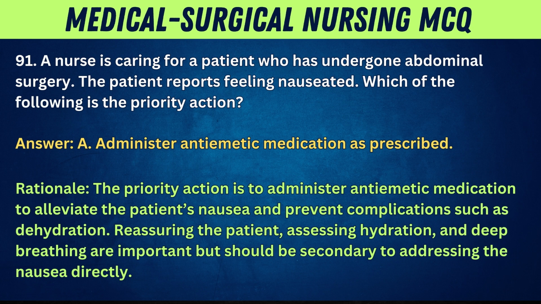Answer: A. Administer antiemetic medication as prescribed. Rationale: the priority action is to administer antiemetic medication to alleviate the patient's nausea and prevent complications such as dehydration. Reassuring the patient, assessing hydration, and deep breathing are important but should be secondary to addressing the nausea directly.